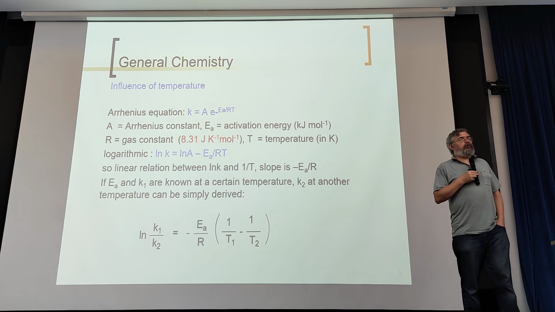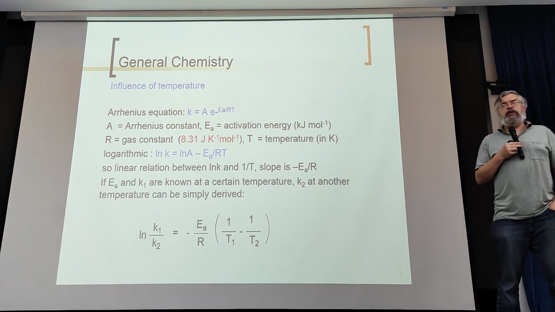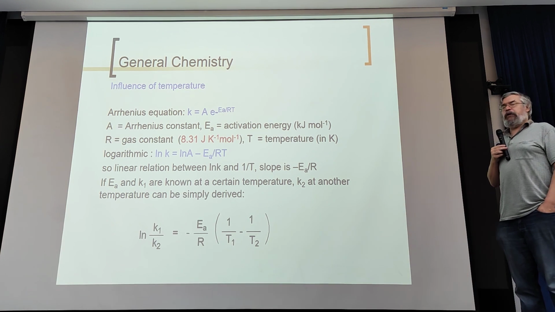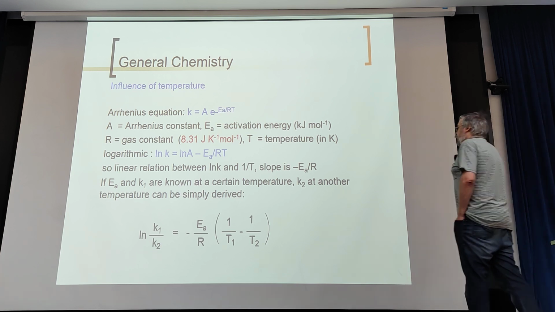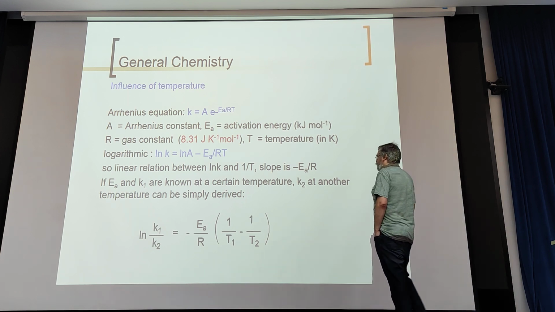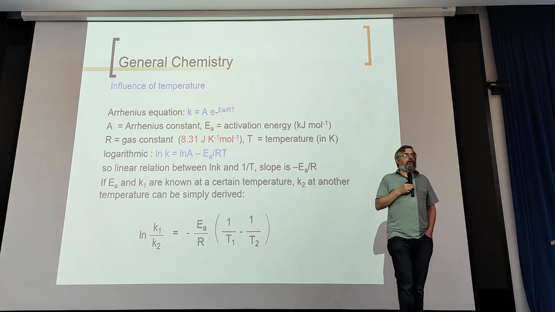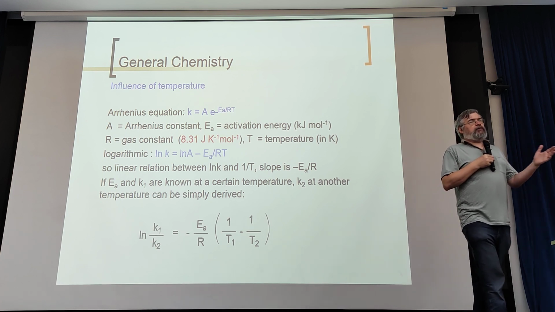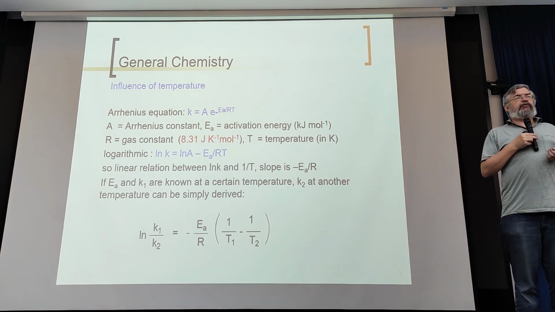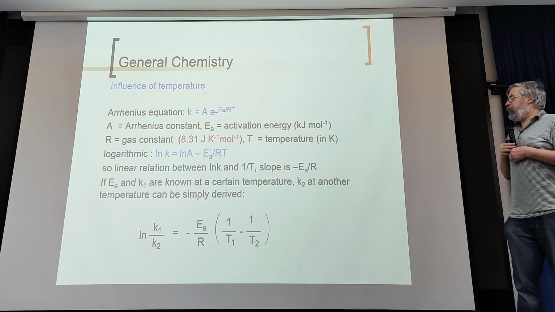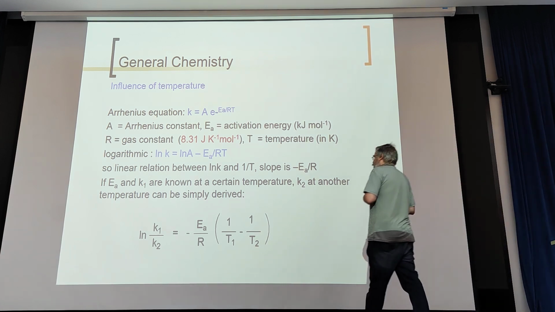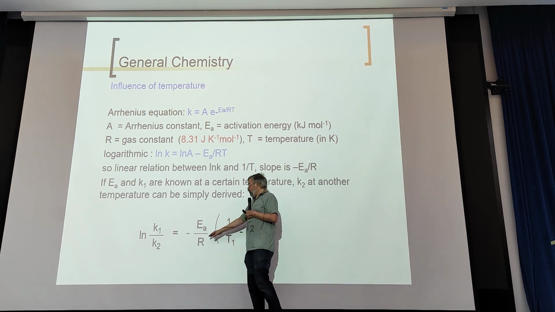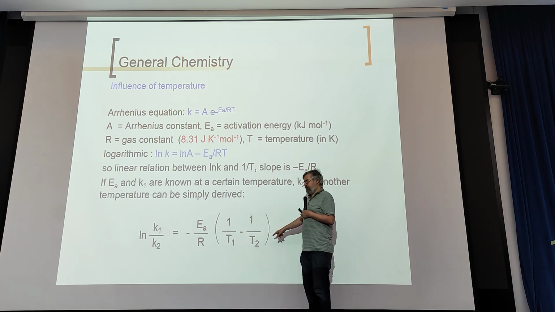Now, this allows us to do some calculations. If we know the activation energy, and we know the rate constant at a certain temperature, then we can calculate the rate constant at another temperature by applying this formula. In this formula we know R, we know the activation energy, we know the two temperatures.